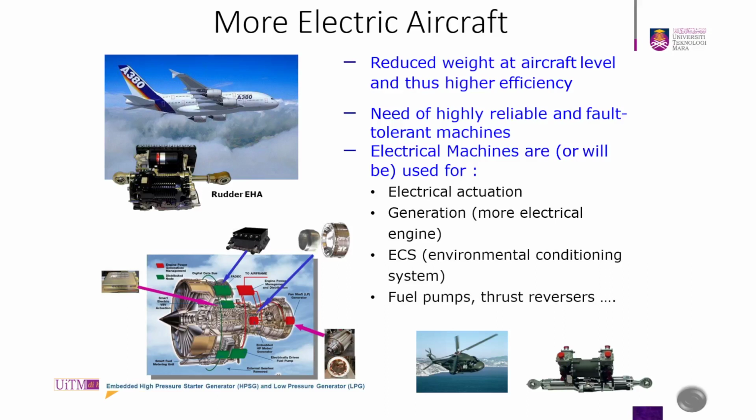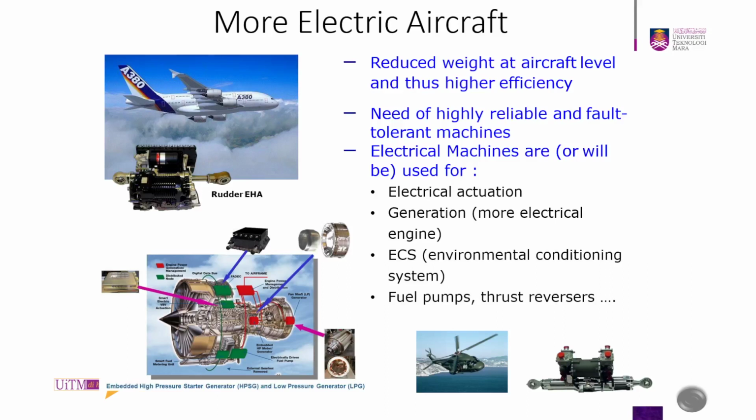So we need to have a reduced weight because we apply it to the aircraft, and as well the high energy should be increased. And we need highly reliable and fault-tolerant machines because when we talk about aircraft, it flies up there.